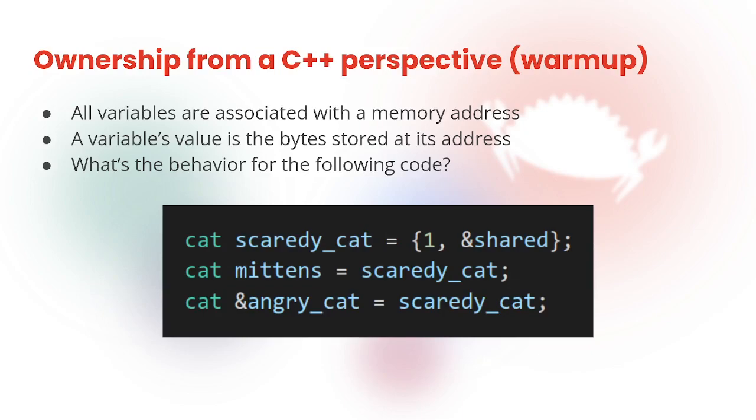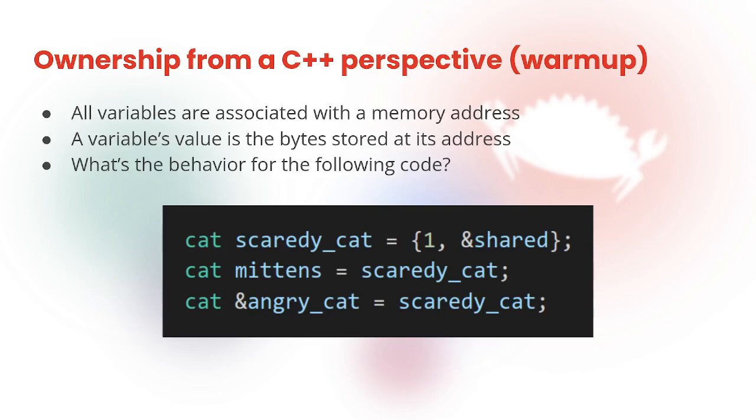I forgot how C++ does this. Yeah, in fact, mittens is a copy. So mittens would be a separate object, with a separate address from scaredy cat, but they would have the same contents, aka the same value, because the value is the bytes stored at its address. So it would have the same contents, the same value, quote unquote.